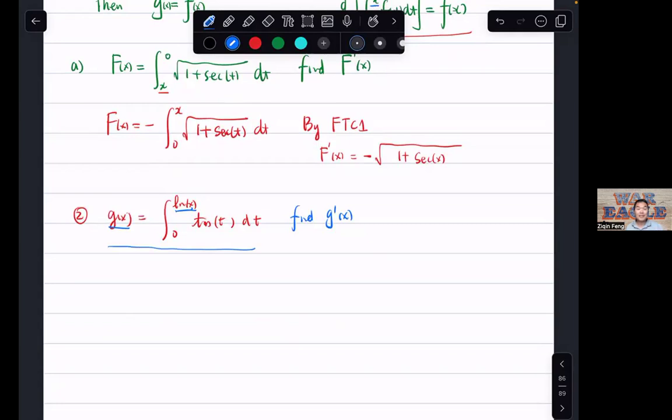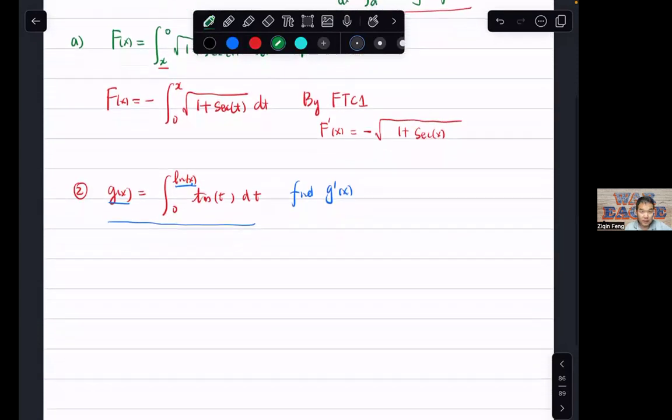So basically, we should use the chain rule to differentiate this function, right? So let's try to make our chain rule easier to understand. So let's give a name for our inner function. So let u equal natural log of x, right? You can see that in this case, u prime of x equals 1 over x.